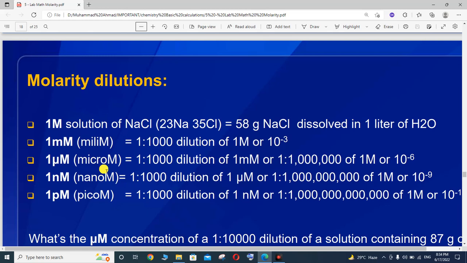For example, if you have two solutions, one in micromole and one in nanomole, the nanomole is more and more dilute. It means we are decreasing its concentration more and more. 1 picomole means a dilution of 10 raised to the power minus 12.